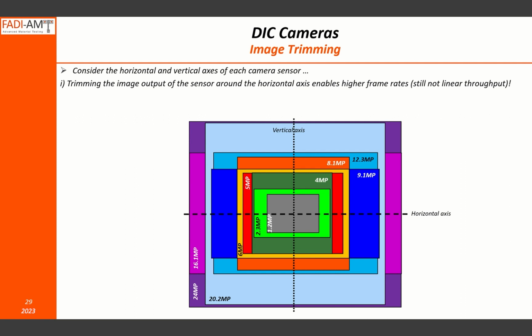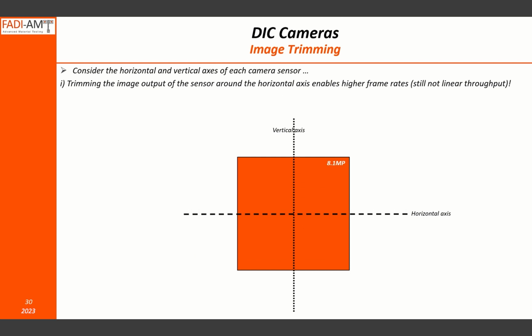But nevertheless, that will not guarantee you a linear or a fixed throughput, meaning you will lose some throughput if you do this trimming. Second, if you trim the image around the vertical axis, it will bring you almost zero, negligible increase in frame rates, and it will cause a significant drop in throughput. So let me try to explain this a little bit better.